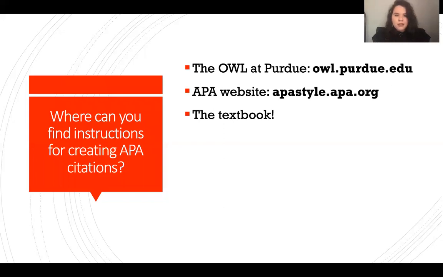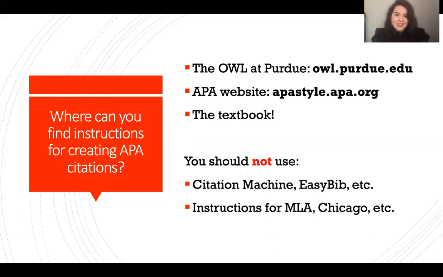So how do you create an APA citation? There are instructions at the Online Writing Lab at Purdue. You can Google OWL at Purdue or go to their website, owl.purdue.edu. And then you can also visit the APA website, among others. Your textbook is a great resource on this. You should not use things like EasyBib or Citation Machine.